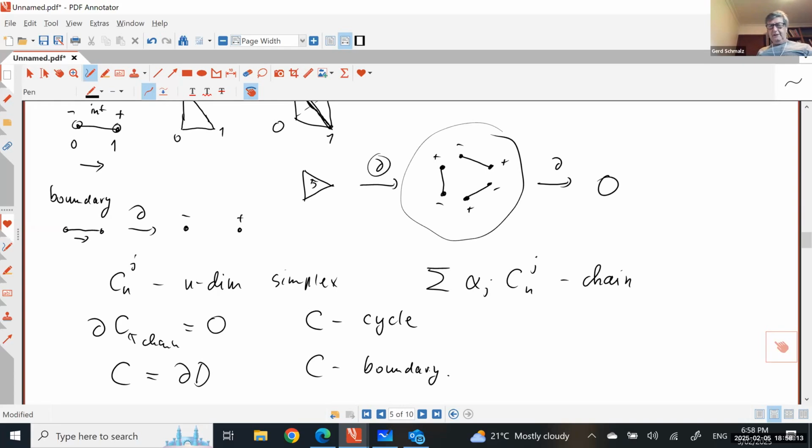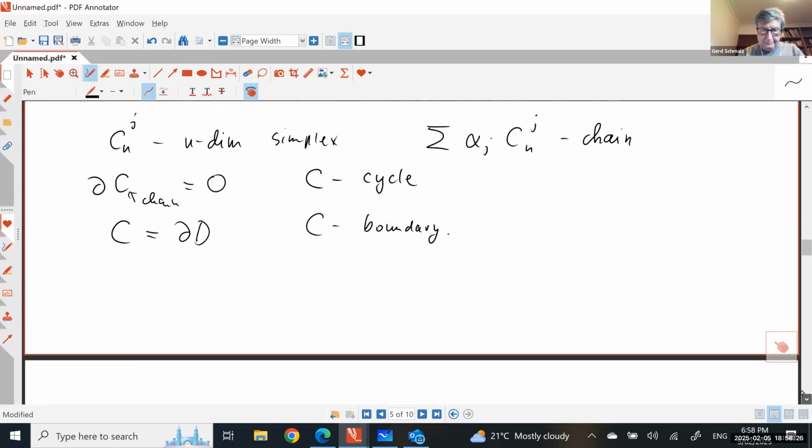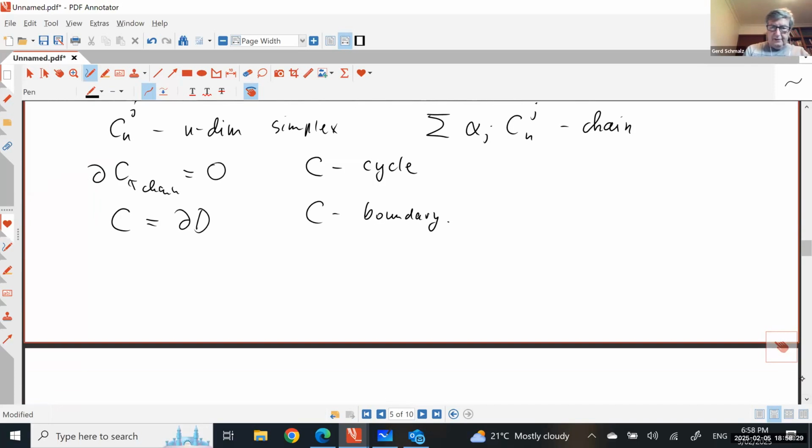So we have chains, and within the chains we have some very special chains, which are cycles, and within the cycles we have even more special chains, which are boundaries, and I give you an example. Say we have on a manifold something like that. It's just these three one-dimensional things.